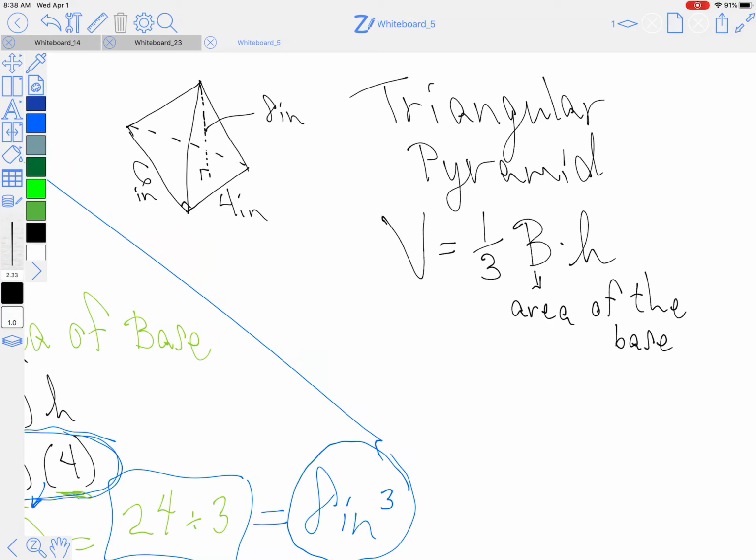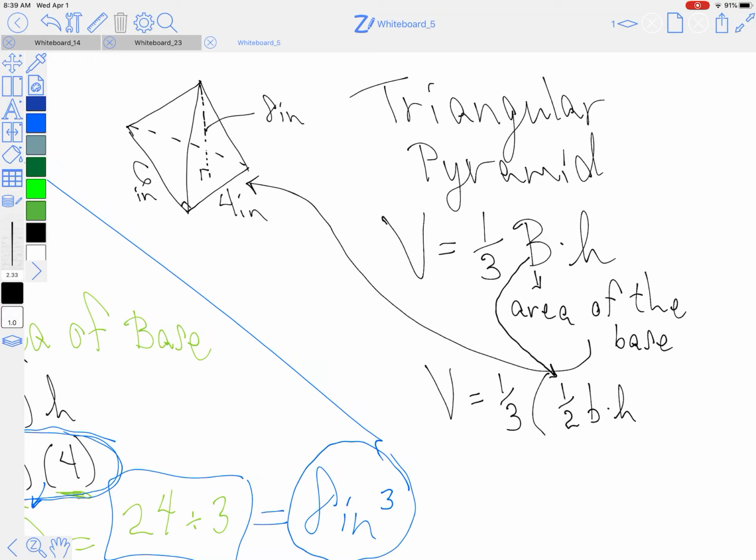And if we look at this pyramid, my base is a triangle. So when I do this, where the capital B is, I'm going to have the area of a triangle, which is 1/2 base times height. I still have my times h at the end here. I just had to change what I'm using for that capital B portion.